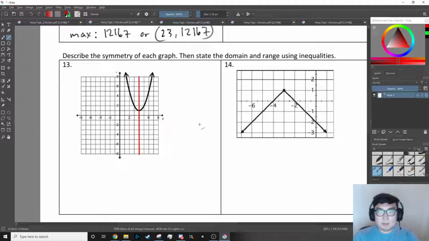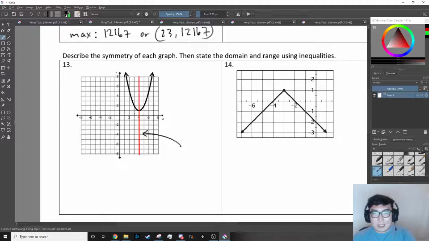So what is that red line? How can I write that as an equation? I can write that as x is equal to 4, because no matter where my point is, if I draw any point in this, these are all going to have the value of x equal to 4.